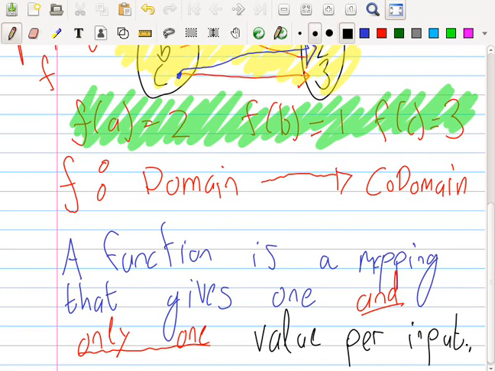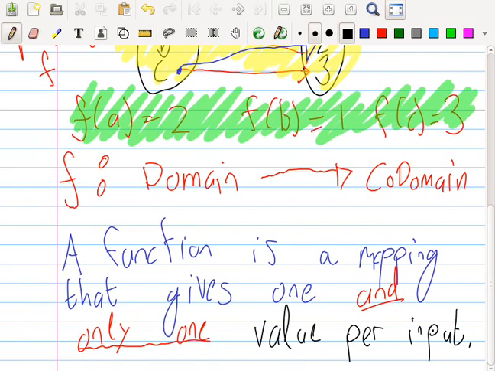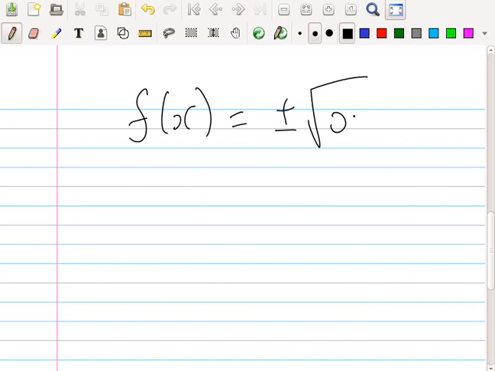So actually, this is interesting because I need to go to the new page. Yes, okay. So if you look here, if I write this, this is actually, technically speaking, not a function. Why not? Because you can have two possible answers, okay? So it's not a function, but it is a mapping.